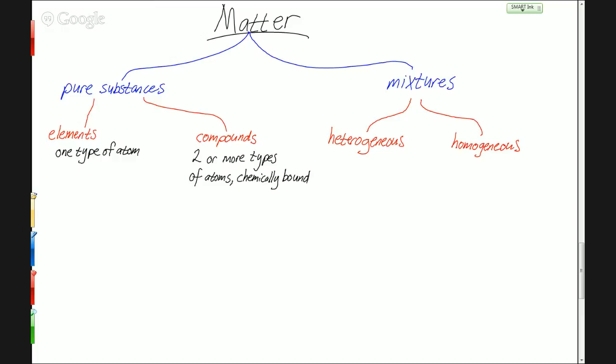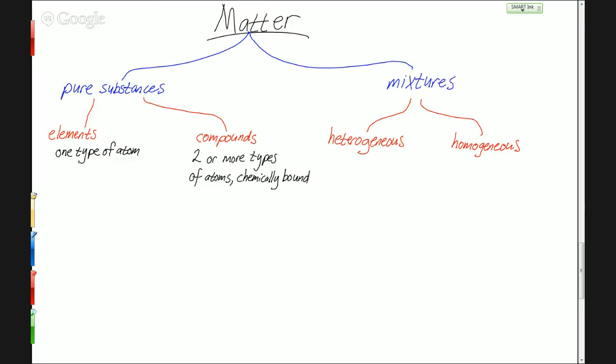Now we'll get into what it means for atoms to be chemically bound to one another later. We'll talk about what a chemical bond is and all of that. But the reason that's important is that it really separates compounds from mixtures, and that's why compounds end up in the pure substances category, even though they have different types of atoms in them.